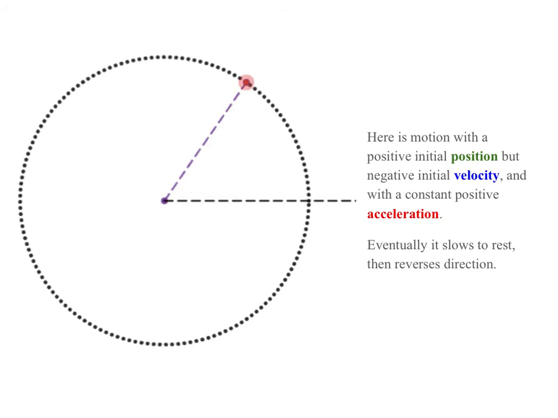Here we see motion with a positive initial position, but negative initial velocity, and with a constant positive acceleration. So how do we know it has positive initial position? Because we start with theta equals 0, and increasing theta is counterclockwise. And you'll see when it starts going that it has negative omega because it's going originally this way.